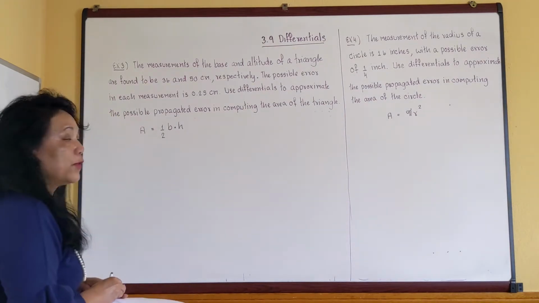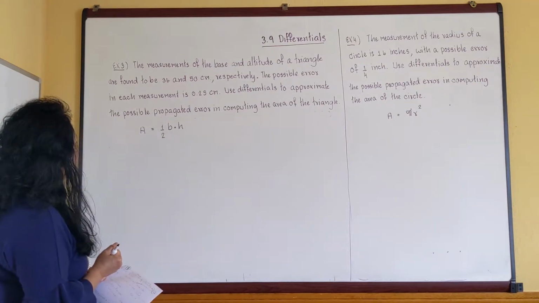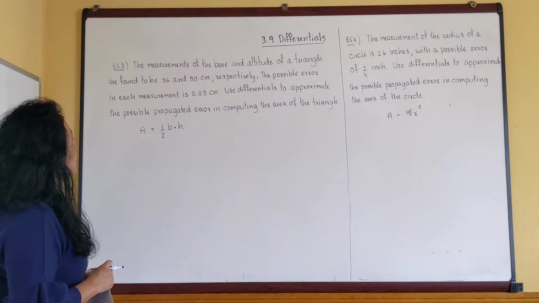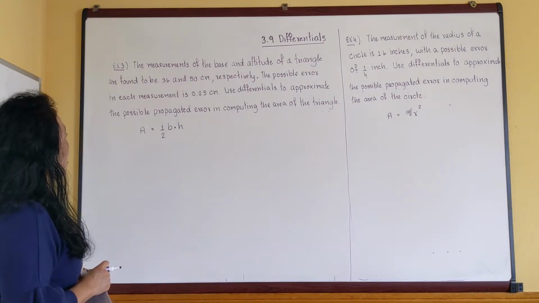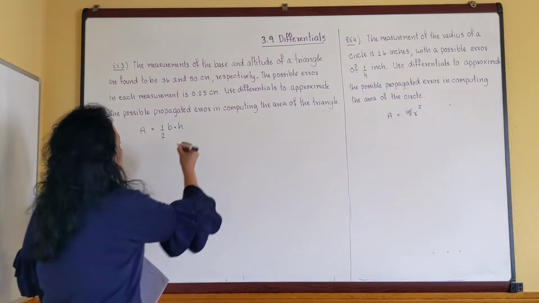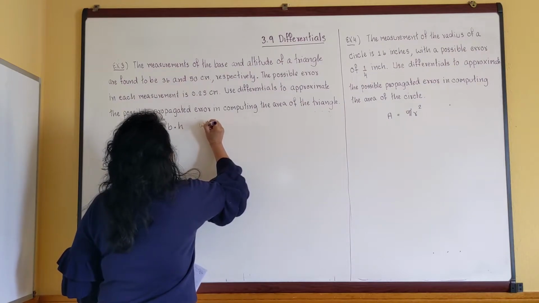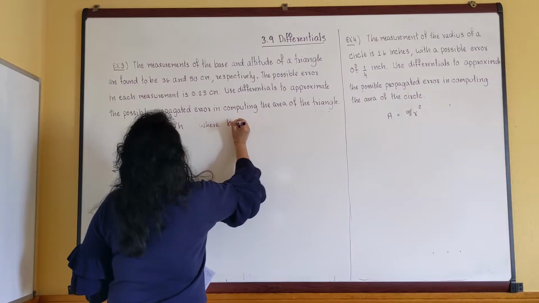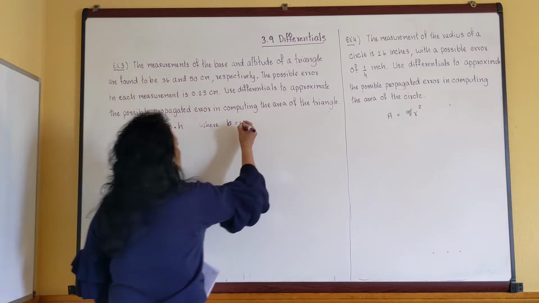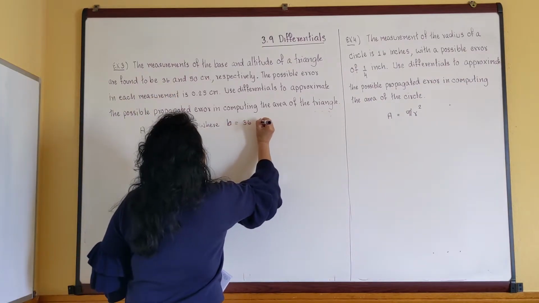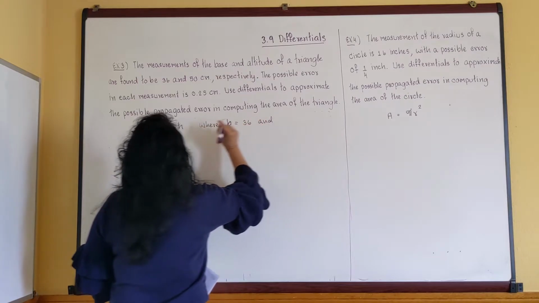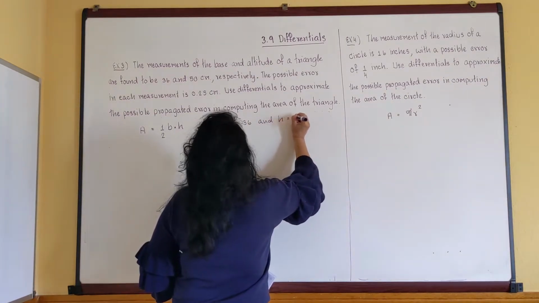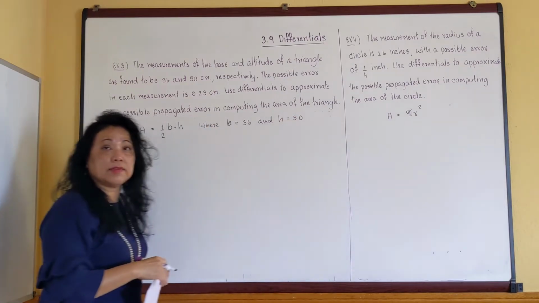Alright, so the formula for the triangle is 1/2 base times height. So let's look at the information here. We know that the base is 36 and the height or altitude is 50. That's the given.